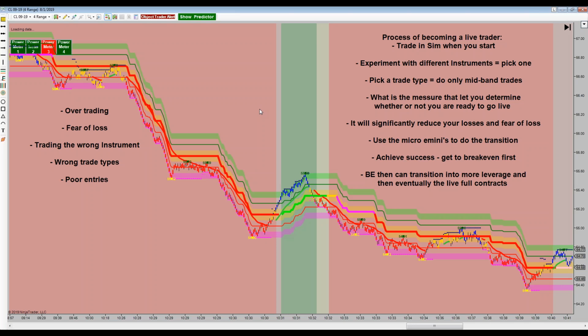If you're in that room and you're trading crude and somebody makes a Russell minimum criteria trade call, you don't care. You have to develop selective listening. You tune everything else out. I only care about crude trades. Furthermore, I really only want crude mid-band trades.